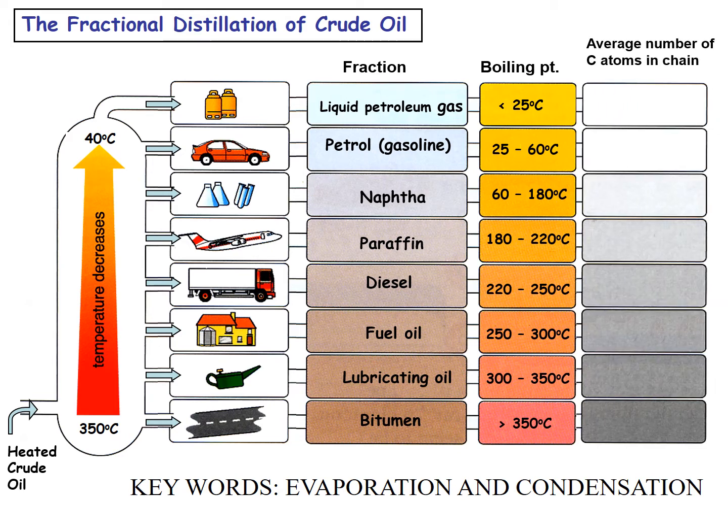Now I'm going to add on here the average number of carbons in the chain. So you can see again that at the top you've got very small carbon chains. So on average about 3 carbons in the chain. So they're much smaller molecules compared to the bottom in bitumen, where you're looking at about 120 carbons all joined together.